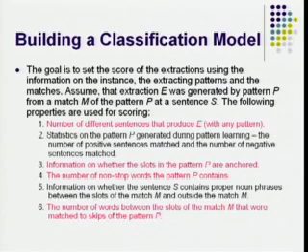Again, the rationale here is that if we have many words that match the skip, it means the skip was longer, and usually that would mean the extraction has a lower probability. We would give higher probability to shorter skips, okay?